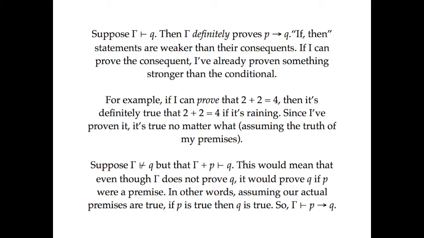In other words, assuming that the premises are true, if P were also true, Q would be true. In other words, gamma proves P arrow Q. So if gamma plus P proves Q, there are two different options. Either gamma proves Q all by itself, or gamma does not prove Q, but it would prove Q if P were added.